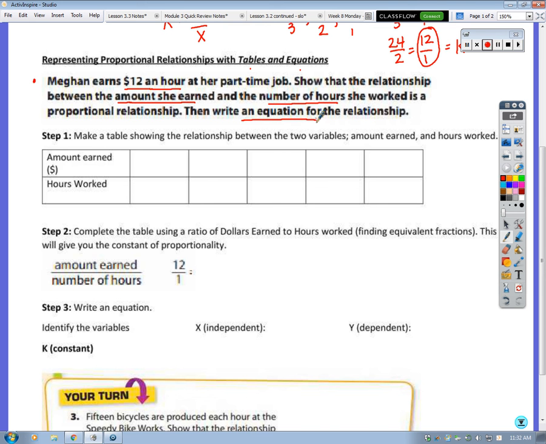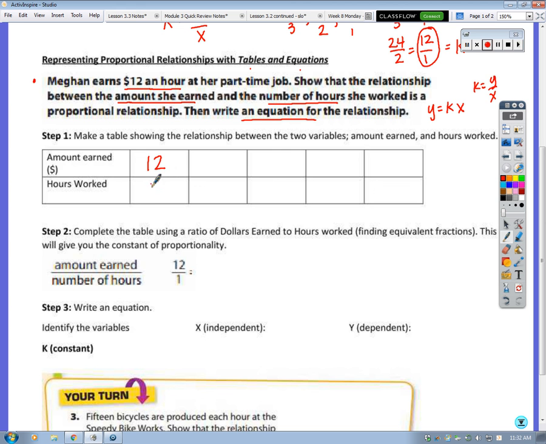Again, that equation is going to be y equals kx, and we can use the form k equals y over x to solve, but that's going to come in a little bit later. So if she earns $12 an hour, we're going to go ahead and say the amount she earned in 1 hour would be 12.